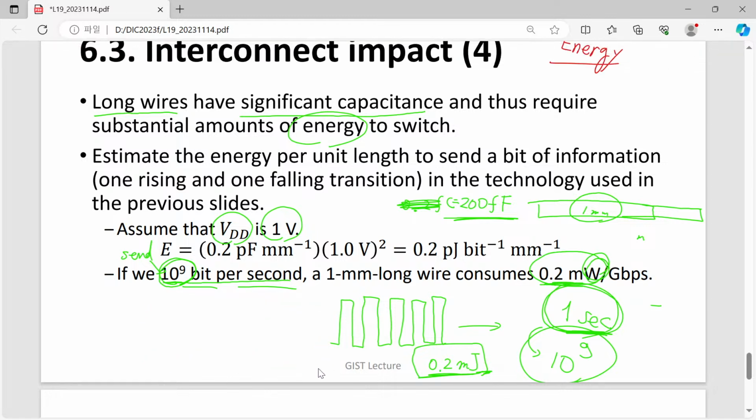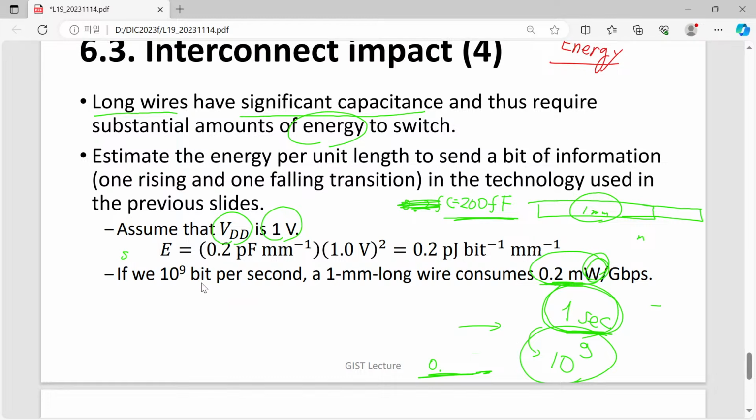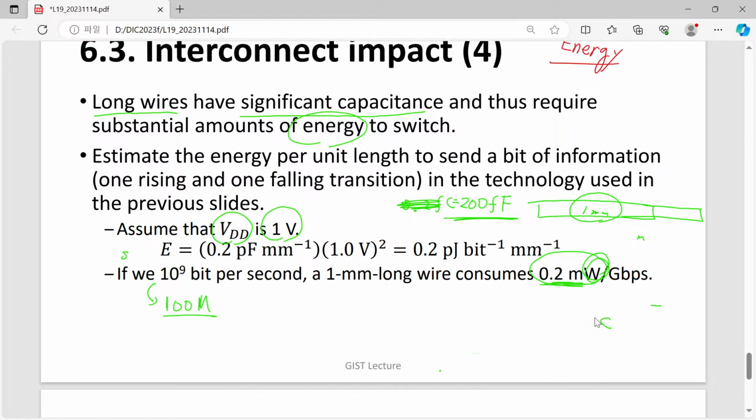For example, instead of that, I reduce my bit rate. Instead of 10 to the 9, I reduce it to 100 megabit, so 10 times smaller. Then what will happen? In this case, it will not spend 0.2 milliwatt, it will consume 0.02 milliwatt for this 100 megabps operating condition.